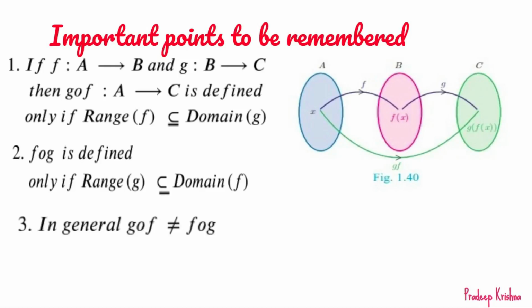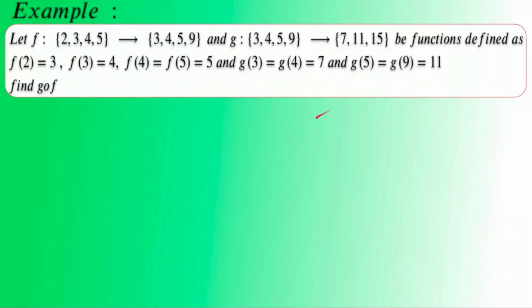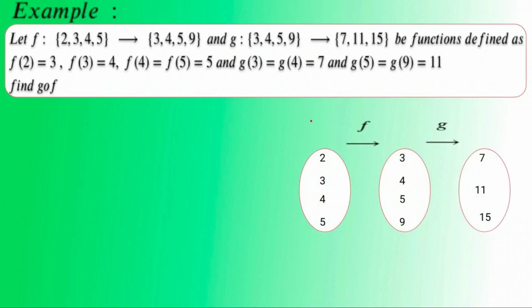See next. See an example. Let F be a function from the set 2, 3, 4, 5 to 3, 4, 5, 9 and G is a function from 3, 4, 5, 9 to 7, 11, 15.